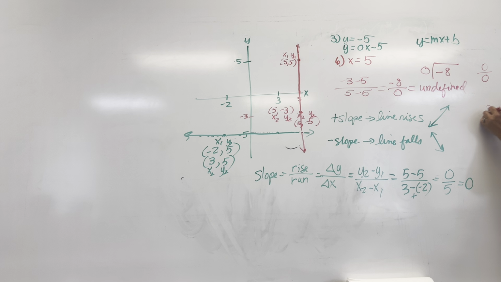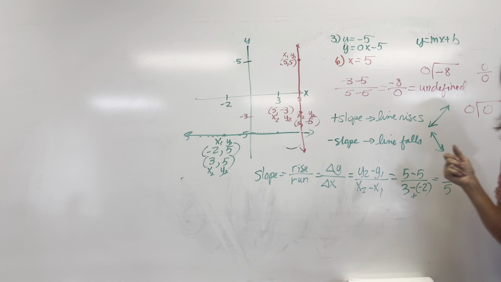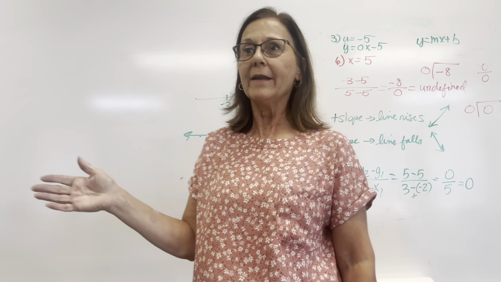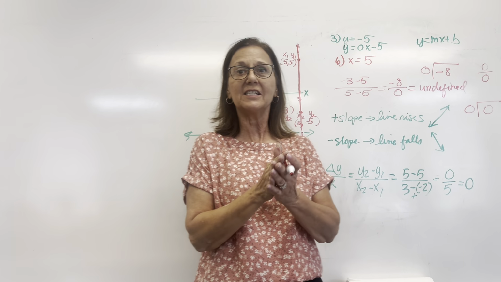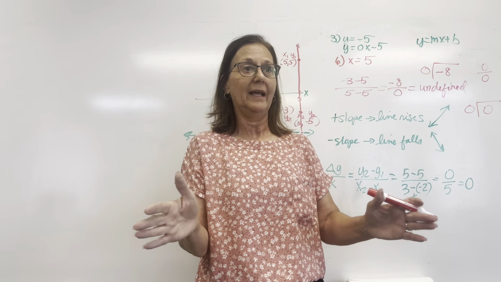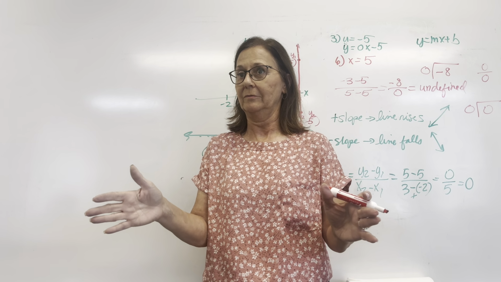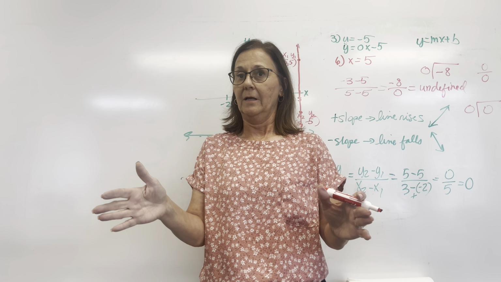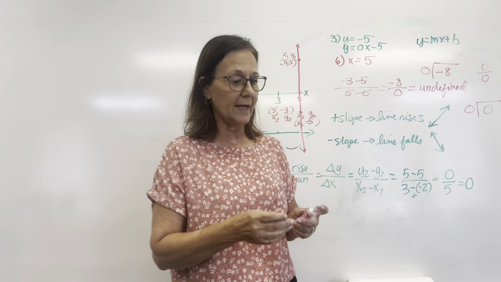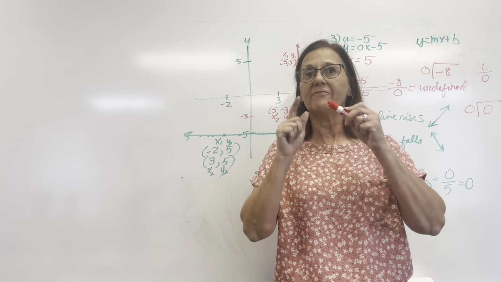Because if I did long division, what can I multiply 0 by to get to 0? Every number that you could think of, I can multiply by 0 to get to 0. There's not one number, right? It doesn't have one solution. It is undefinable. So even 0 divided by 0 is undefined.